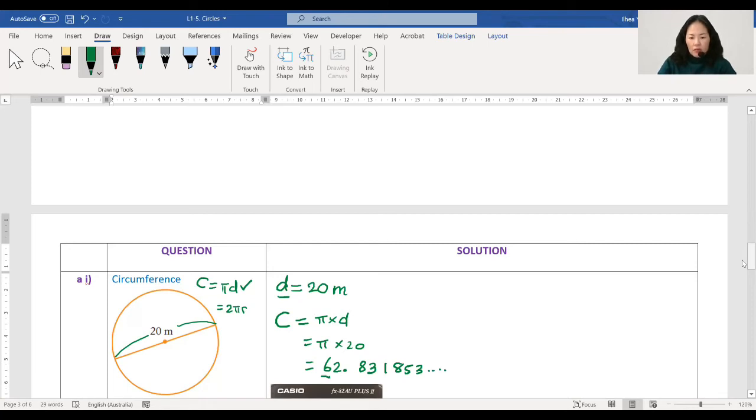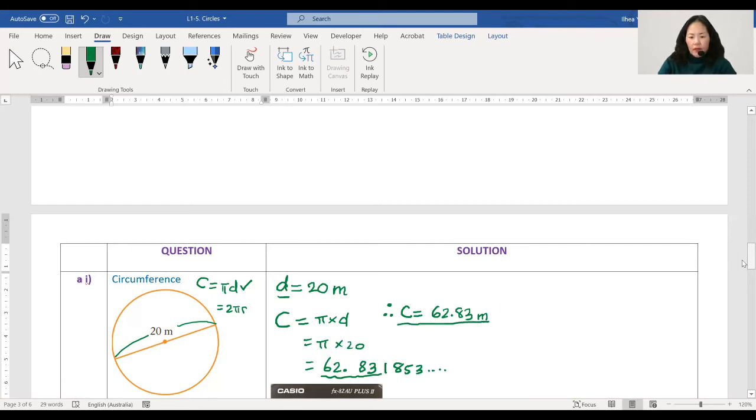So my answer is 62.83 meters, because it's just the distance. Okay, so that's my answer.